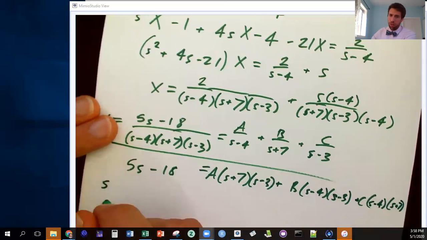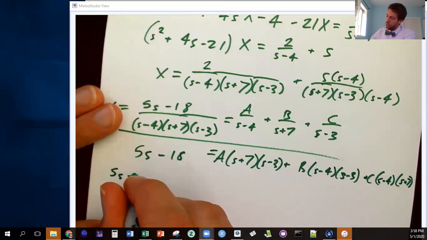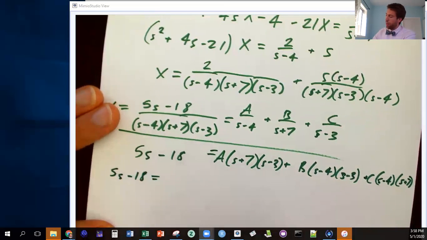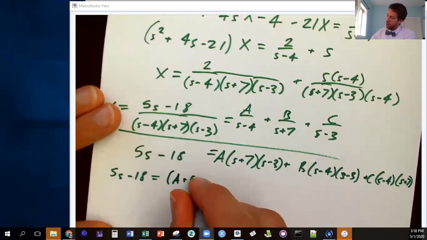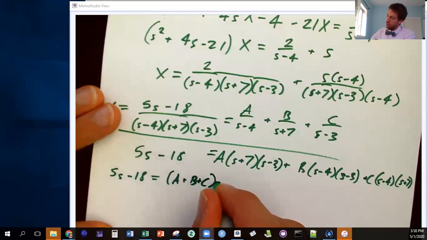Okay, so 5s minus 18 equals, what are my s squared terms? A plus B plus C, times s squared.